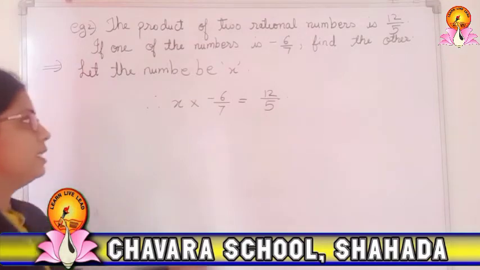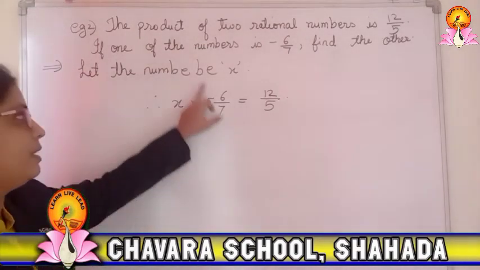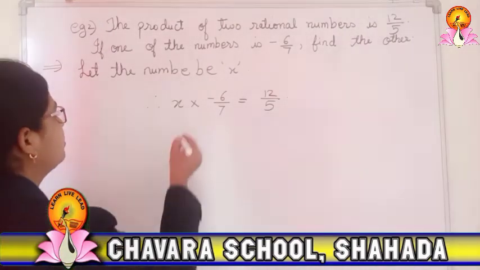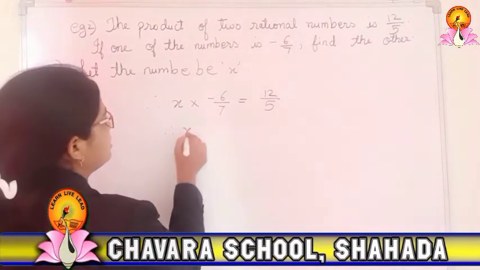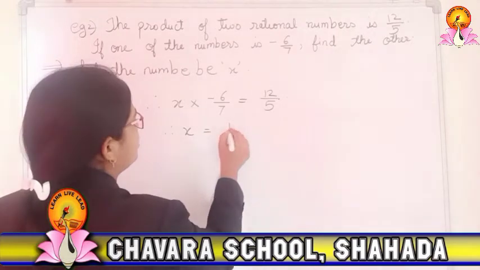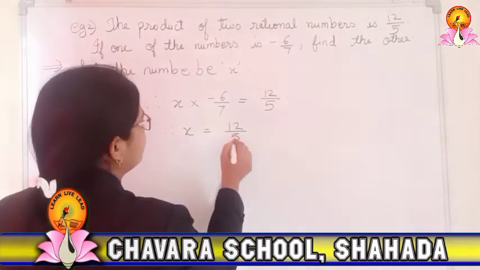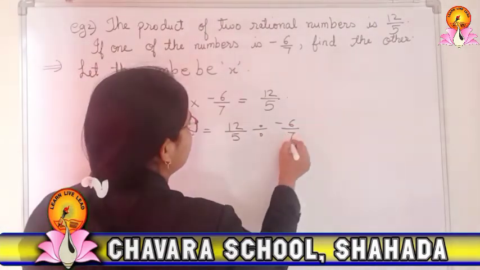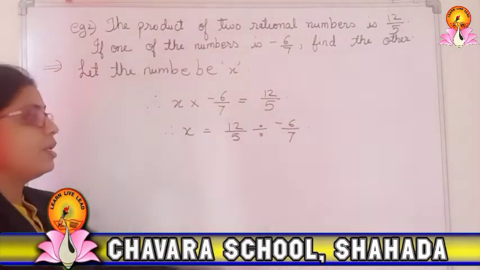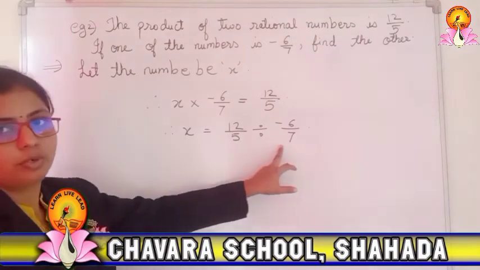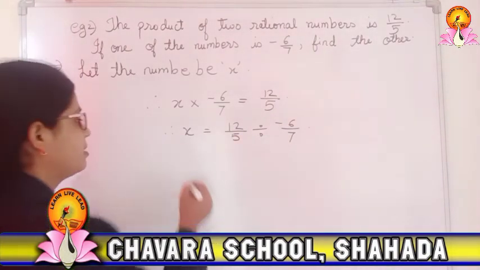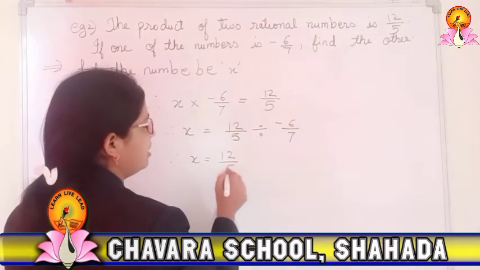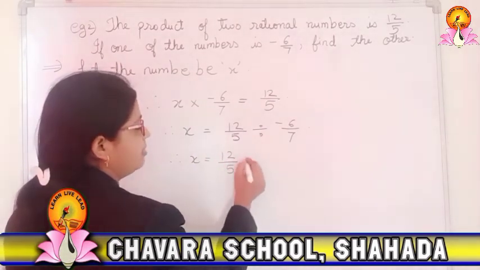Now here, if it is multiplied, when this term goes to the other side it will divide. So x equals 12 upon 5 divided by negative 6 upon 7. Now you just have to take the reciprocal, as in the division process: in division we take the reciprocal and put the multiplication sign.